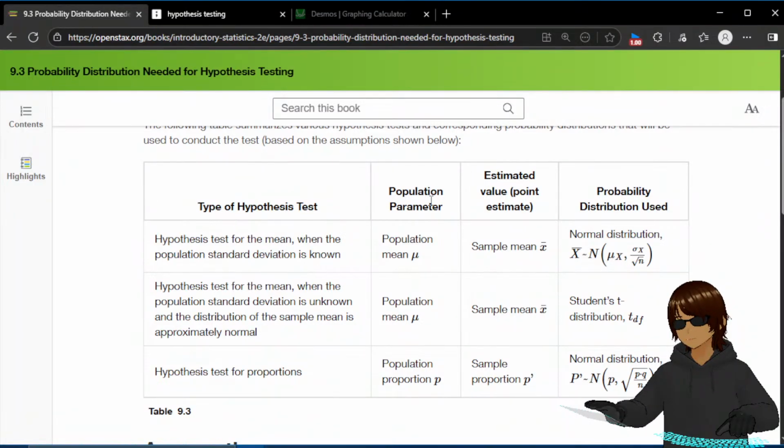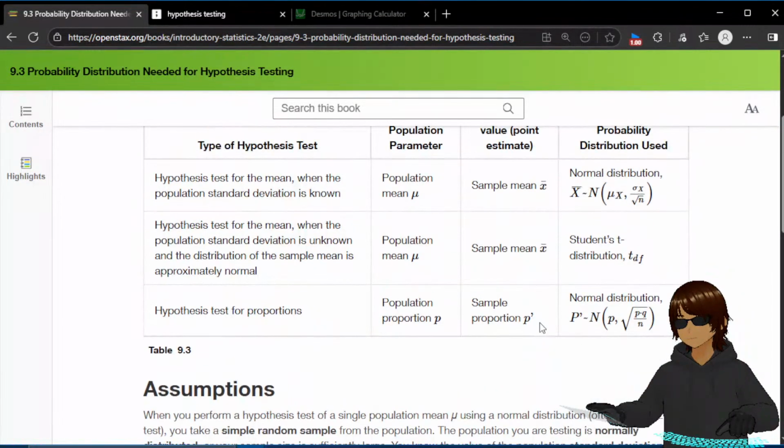So, population parameter mu, p, estimated value x bar, p prime. Probability distribution used: normal distribution, x bar is normally distributed with mean mu x and standard deviation sigma x over root n.